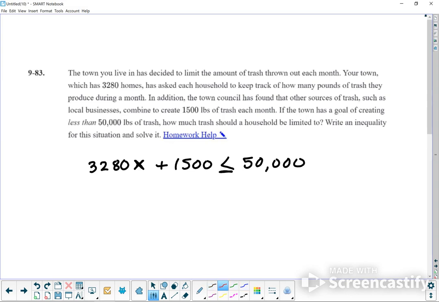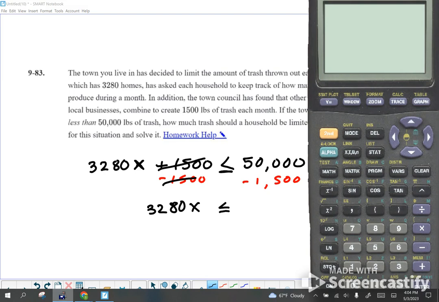To solve it, we're first going to do minus 1,500 and minus 1,500. These are going to cancel, and you get 3280x less than or equal to, and I'm going to figure this out. Do I have a calculator? Yes, I do.